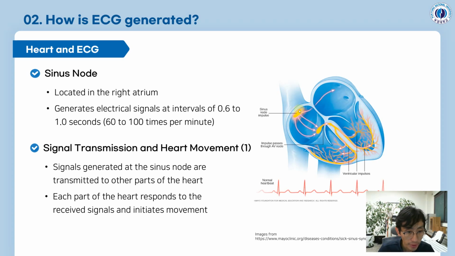This generated signal at the sinus is transmitted to the other parts of our hearts, especially the muscular parts, to the muscles of our hearts. So it starts at the sinus and is transmitted to here, and then here, following the nervous system of our hearts.